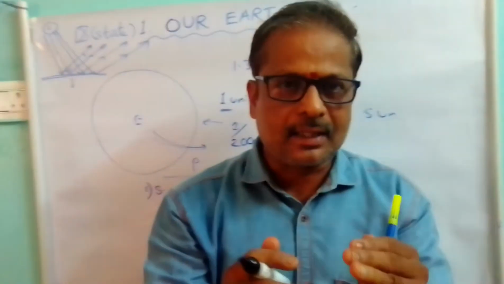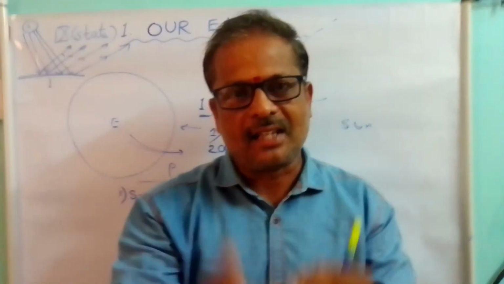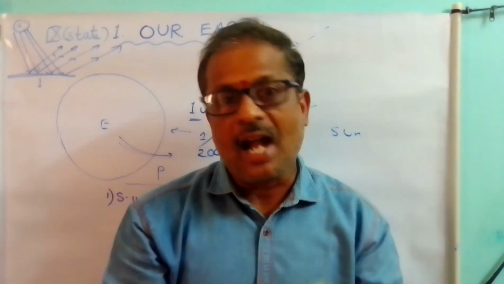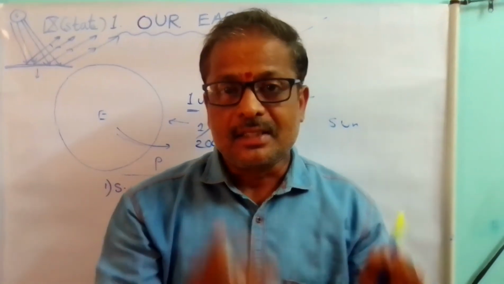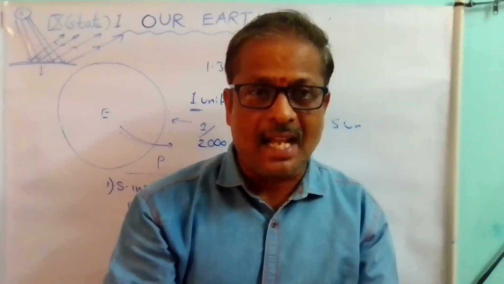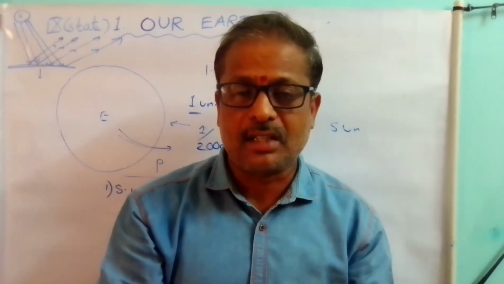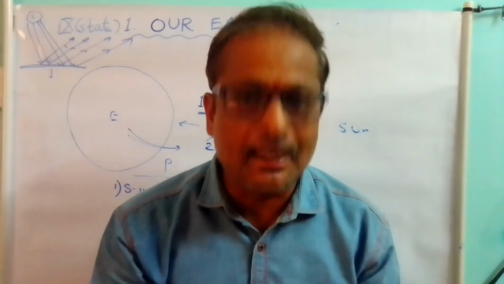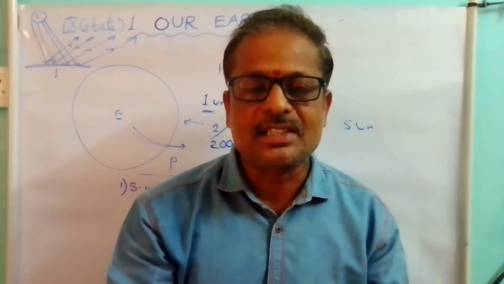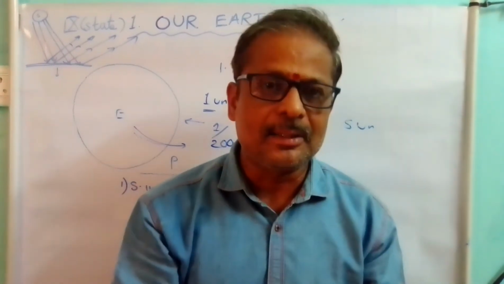The proportion of energy the Earth receives to the energy that is reflected from our Earth is called albedo. And Earth's albedo is 30.